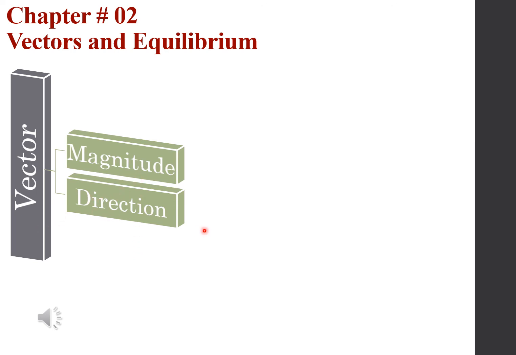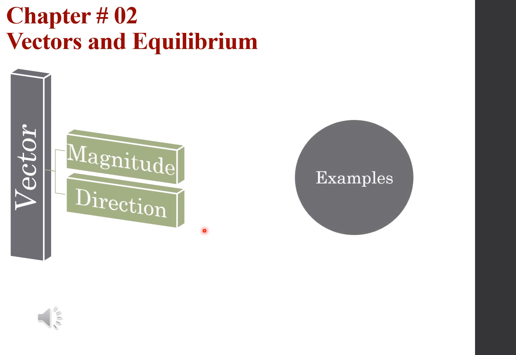For example, when we calculate the length or mass of anything, we do not need direction to define length or mass. But when we talk about velocity, acceleration, force, etc., we need direction to define these quantities.